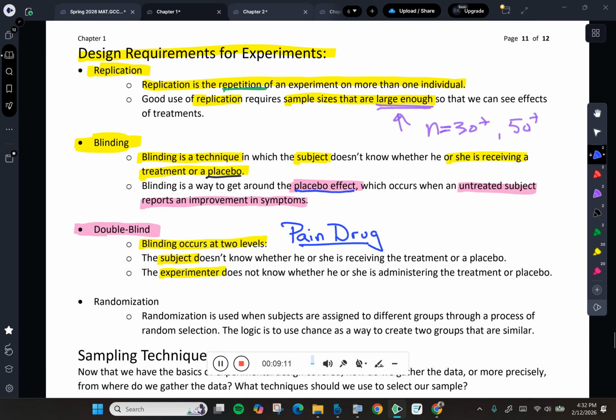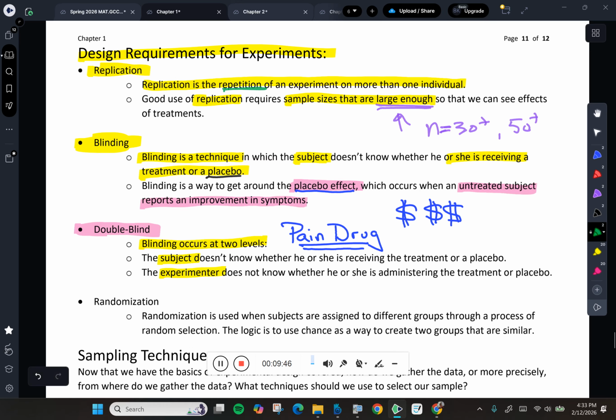And if I can prove that this drug works, or if I can show results that make me believe this drug works, I stand to get rich because I'm going to sell the patent for this thing and I am going to make money. Well, if I have a financial interest in the outcome of this study, I might unconsciously, because I'm a good person, I may unconsciously affect the outcome if I know which people are getting the drug and which people are getting the placebo.